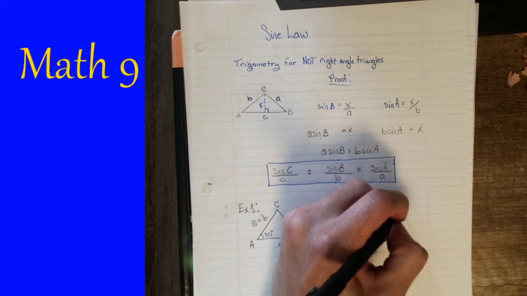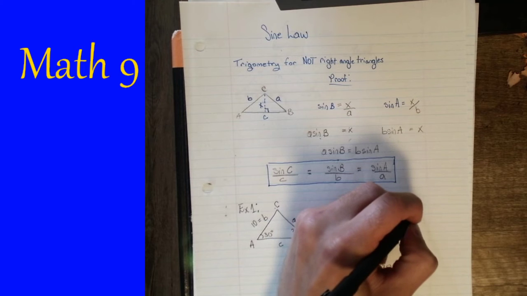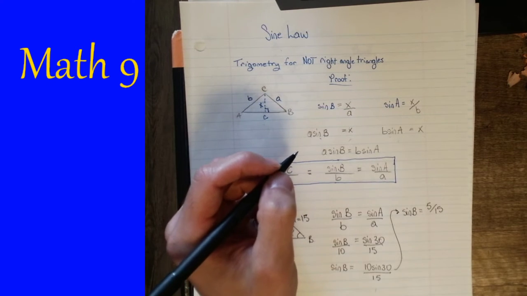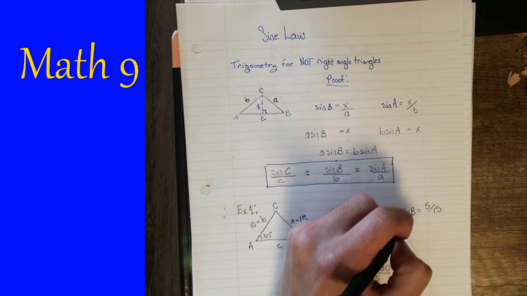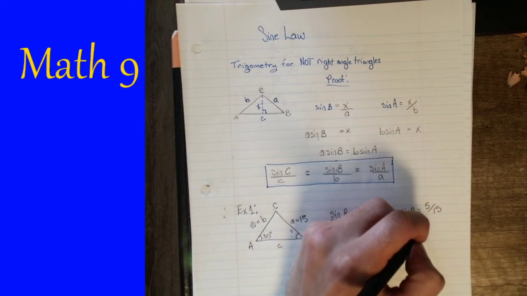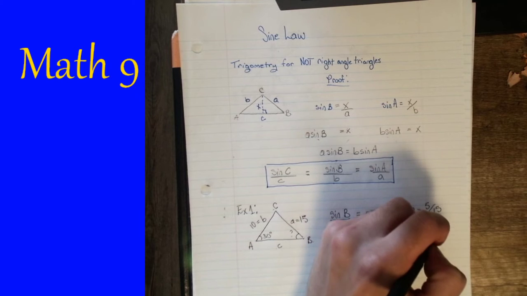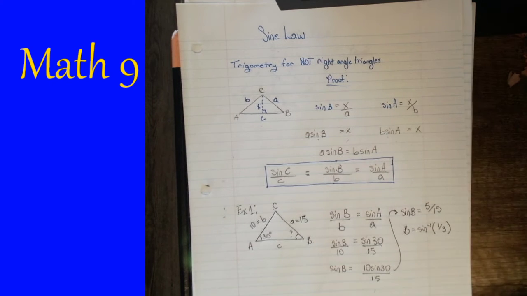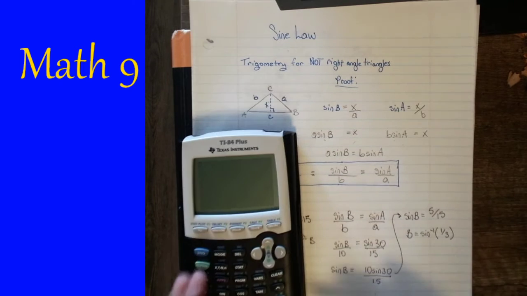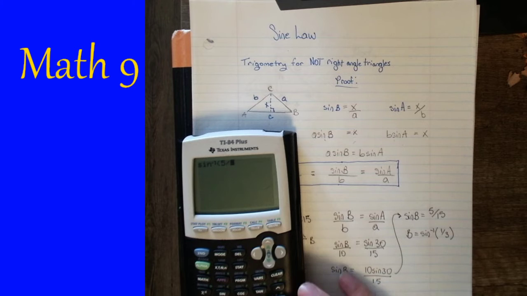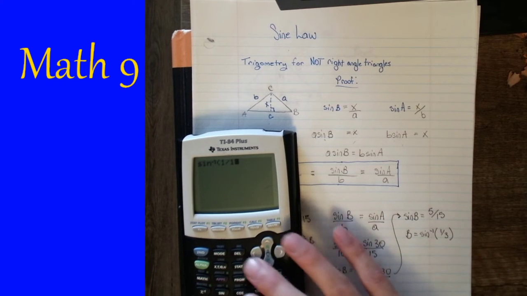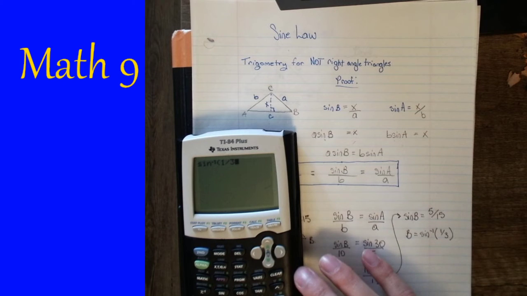So we have sine of B is equal to 5 over 15. And so B is going to be equal to the inverse sine of 1/3. That's 5 over 15 reduced. And so now we can grab our calculator, and inverse sine of 5 over 15, or just 1 over 3.